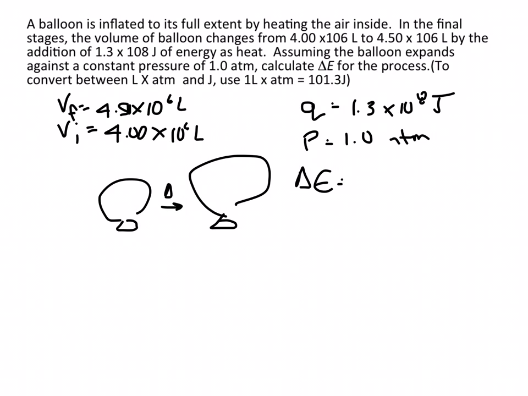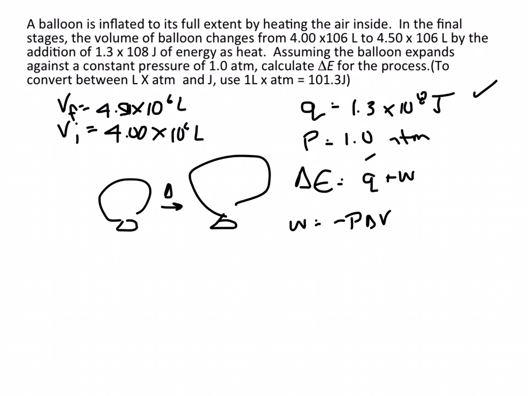So the way we're going to calculate this is by utilizing the delta E equals Q plus W equation. Now, I know Q, that was given to us. It's positive because the system is going to be accepting or absorbing heat. W, on the other hand, must be calculated using the equation that we see here.